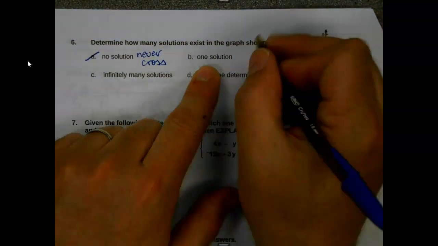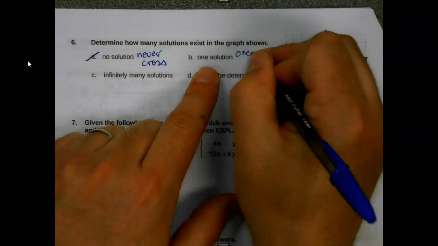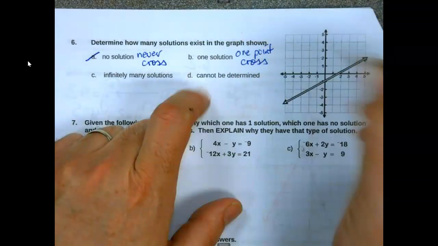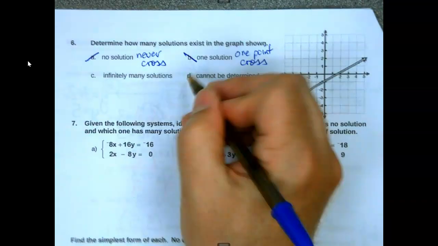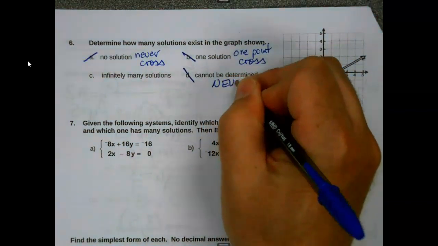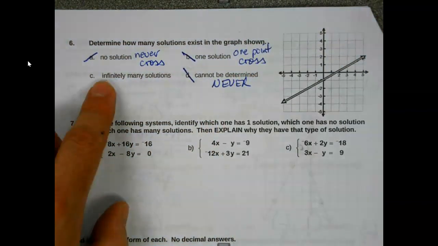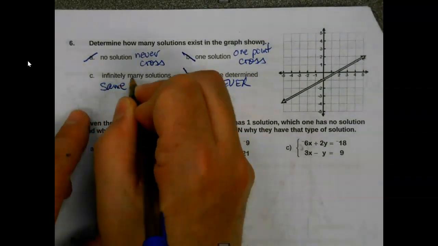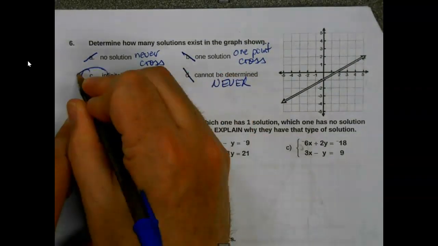One solution occurs when at one point they cross each other. That's not occurring. Cannot be determined is never going to be the right answer. That's just silly. Infinitely many means it's the same line.